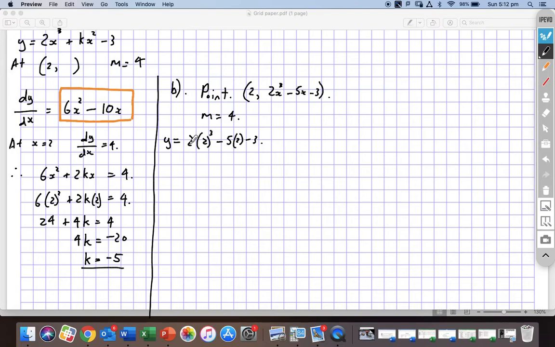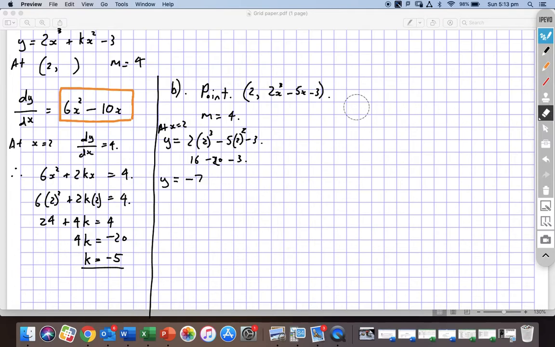So we get 8 times 2, 16, minus 10 minus 3. No, sorry, that's squared. So it's not minus 10, it's minus 20. Fix that up. And that will equal minus 7, I think. 16 minus 20 is minus 4, minus another 3, minus 7. All right. So at x equals 2, the y was minus 7.